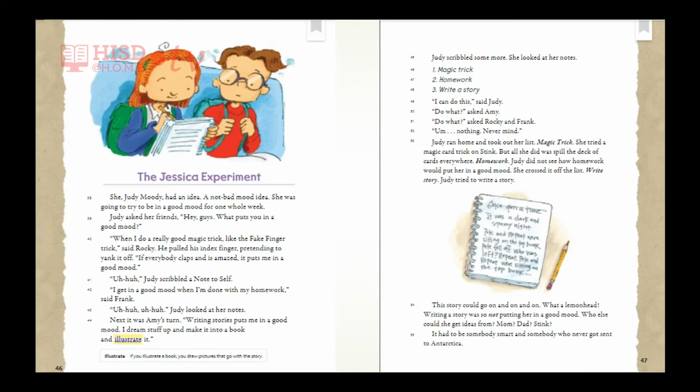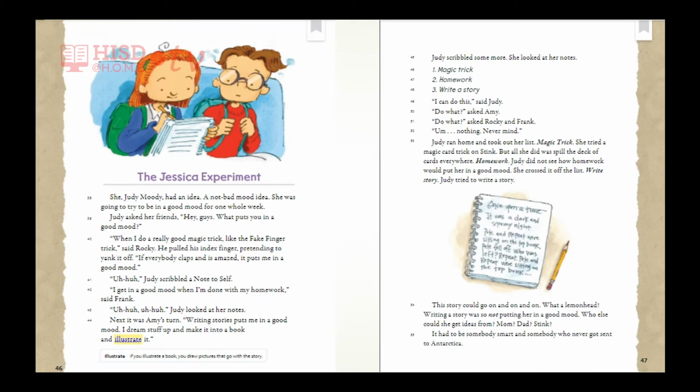"Nothing. Never mind." Judy ran home and took out her list. Magic trick. She tried a magic card trick on Stink, but all she did was spill the deck of cards everywhere. Homework. Judy did not see how homework would put her in a good mood. She crossed it off the list. Write story. Judy tried to write a story.